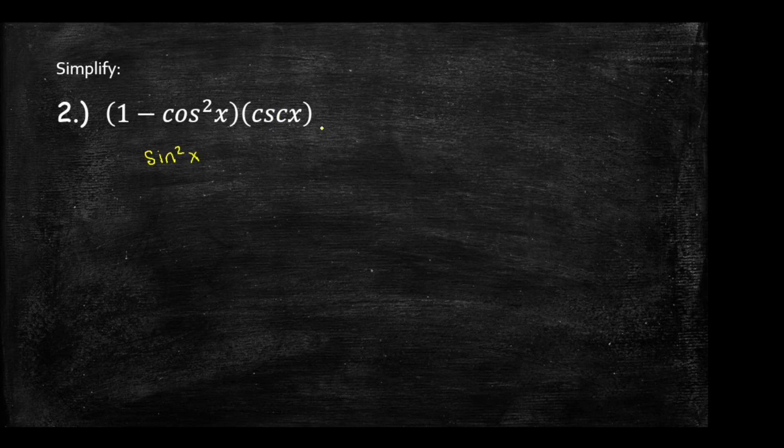And then cosecant is 1 over sine x, right? And again, this is a multiplication problem. So sine squared x divided by sine x equals just sine x.